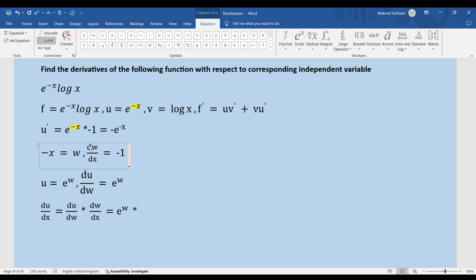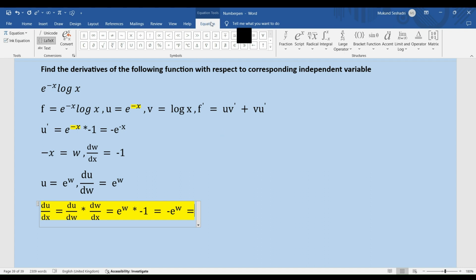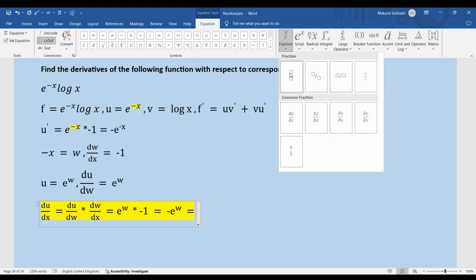Okay, so what is my du by dx? I'm coming back to the final step of u dashed, which I've highlighted in yellow, is e to the power w into dw by dx, which is nothing but a minus 1, right? So which is minus e to the power w, right? So now I go back, I substitute my w with minus x because I'm expected to represent my final answer in terms of x, right?